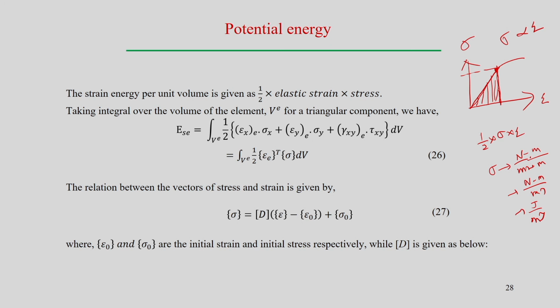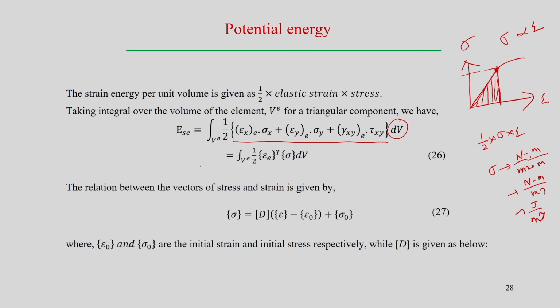Therefore we take the integral over the volume. For a triangular component that we started with, we can consider that particular element also as a triangular element. In that one element, we can estimate the strain energy. It is simply integration over the volume: half of stress into strain into dV, where dV is the elemental volume.